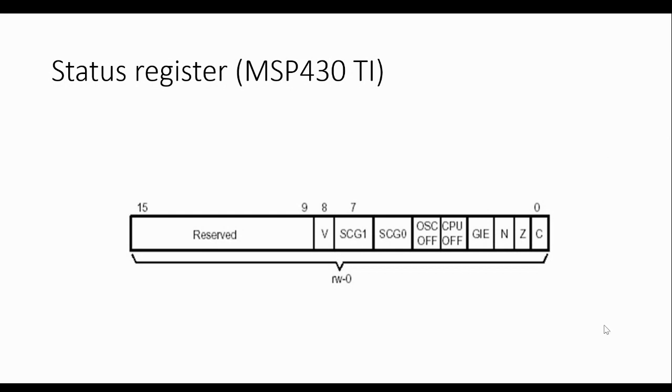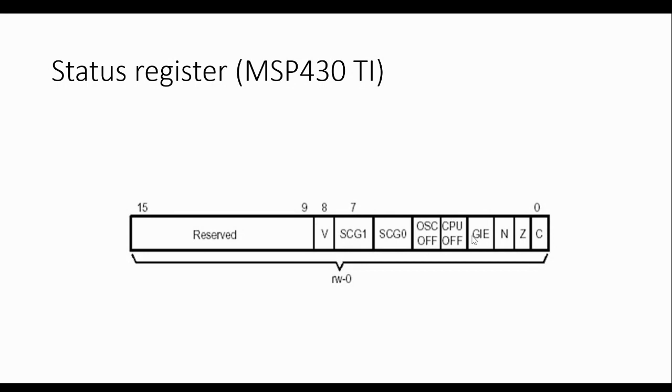So overflow flag, negative flag, zero flag, carry flag, or you can call them bits, however you feel comfortable. A few other bits in the status register are used for low power mode control. GIE is the general interrupt enable. It helps you enable or disable certain interrupt procedures.